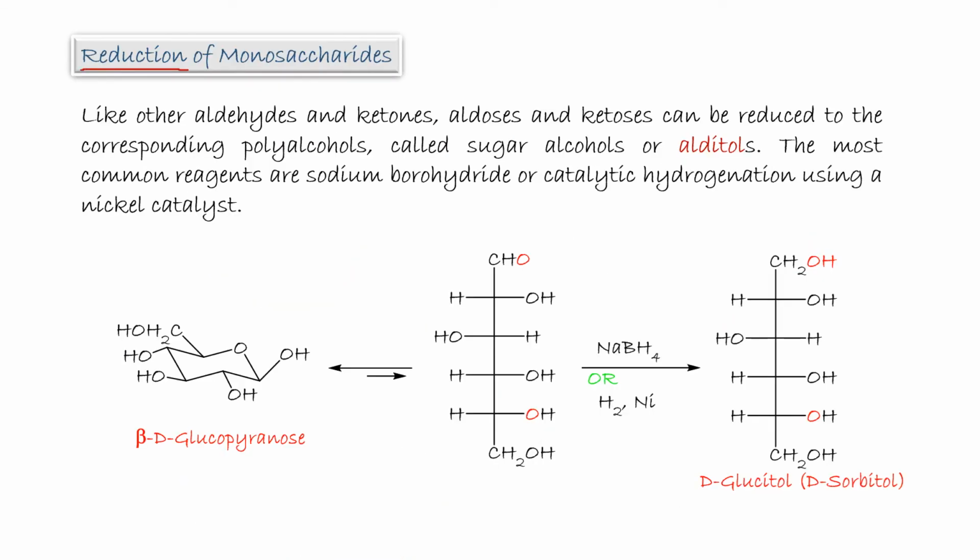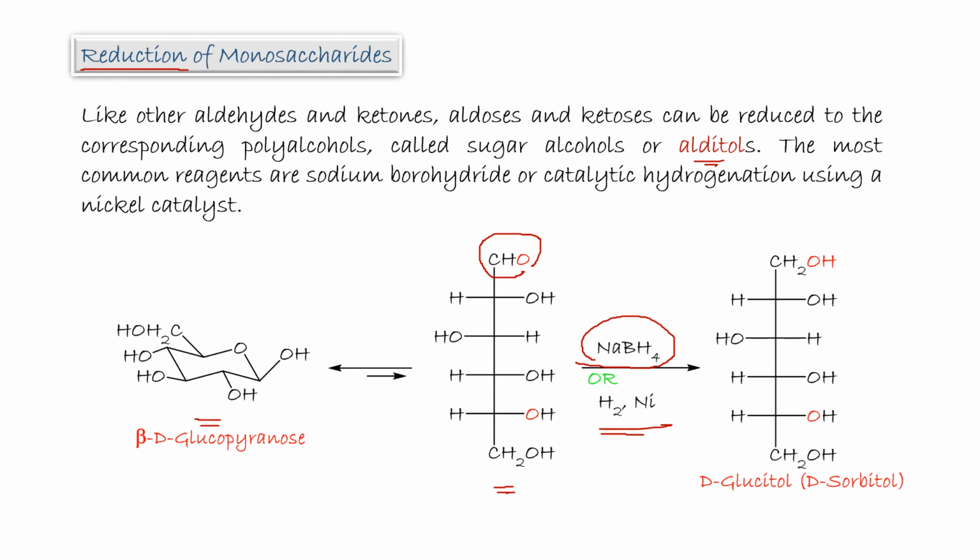Reduction of monosaccharides. We know monosaccharides exist in cyclic and open structure. In the open structure, we have an aldehydic functionality, or ketonic in the ketose, which could be reduced easily with sodium borohydride or hydrogen and nickel as a catalyst to give what we call an alditol.